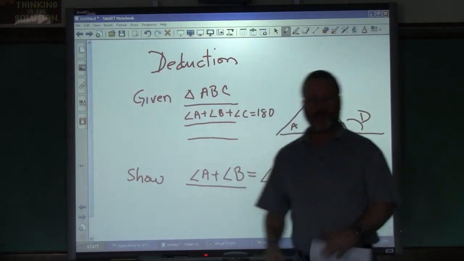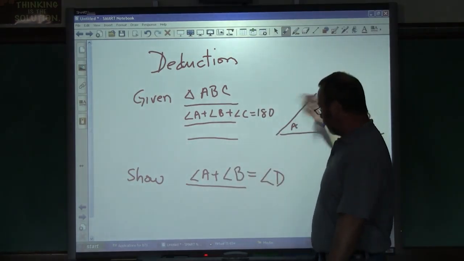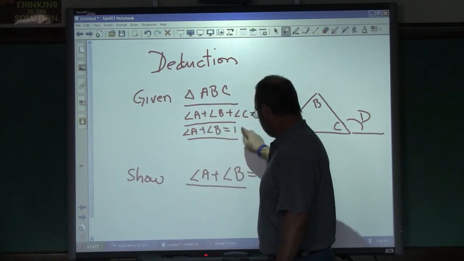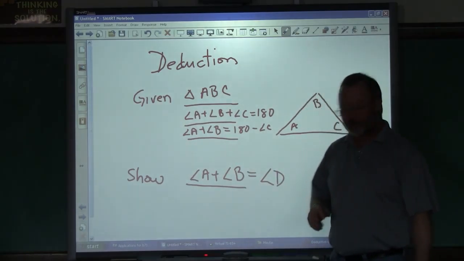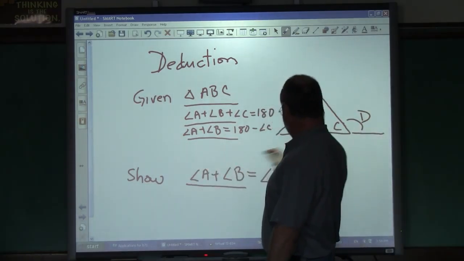That's the definition of a triangle and the sum of the angles there. You could then say angle A plus angle B equals 180 minus angle C. That's just subtraction.